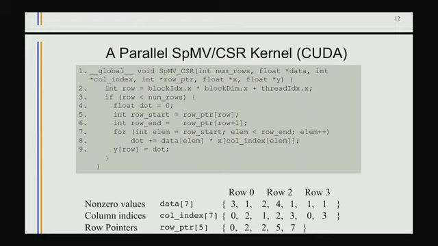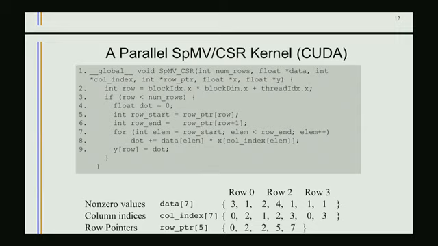So line 2, let's figure out our index. I have to calculate which output element I'm calculating: standard block index x times the dimension plus the thread index. It's just calculating whether I'm generating output 0, output 1, output 2, etc. I take my row number and make sure it's within the number of rows, so that I'm not out of bounds.